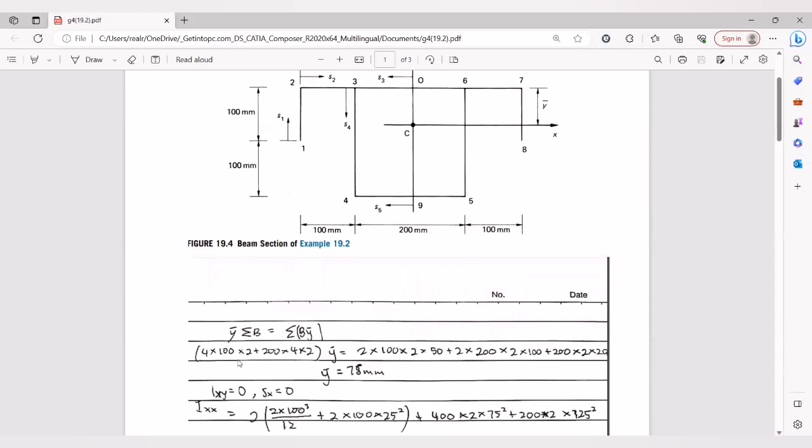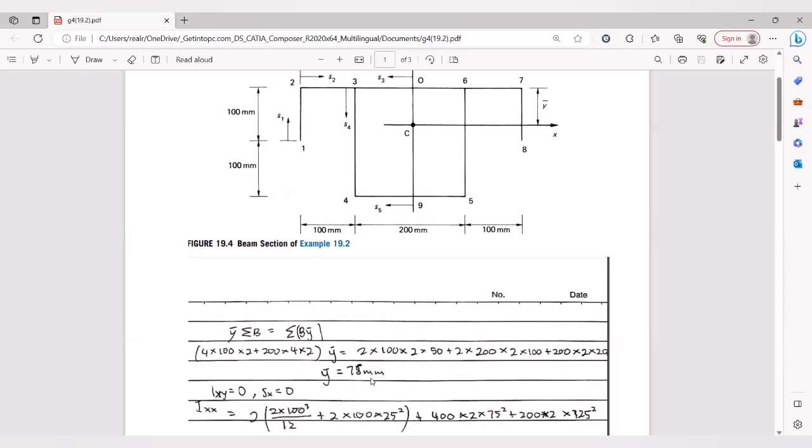This one is 100 mm times 4 because of the first, second, third and fourth, times 2 because of the thickness, plus 200 times 4, times 2 because of the thickness. This part is the summation of boom area multiplied by y. After calculating, we get y bar equal to 75 mm.